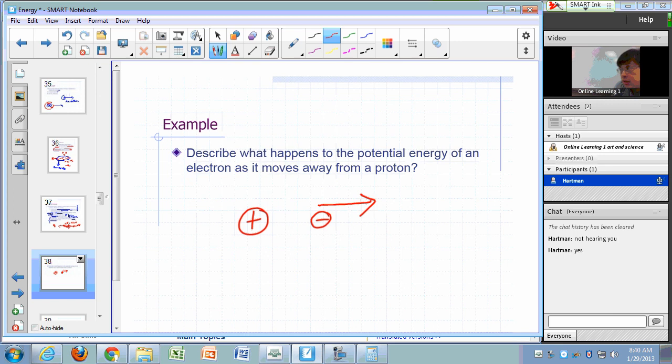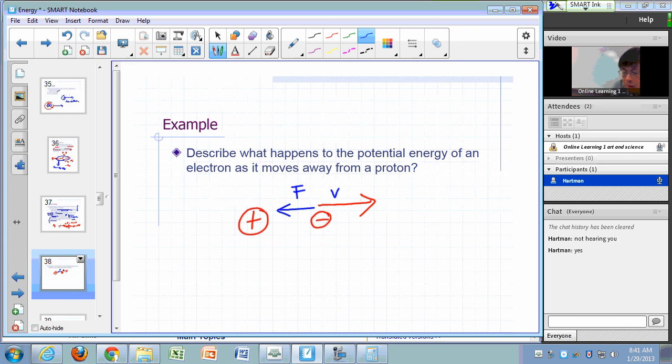Unlike charges attract. So the force on this electron, because of the presence of the proton, is this way, right?